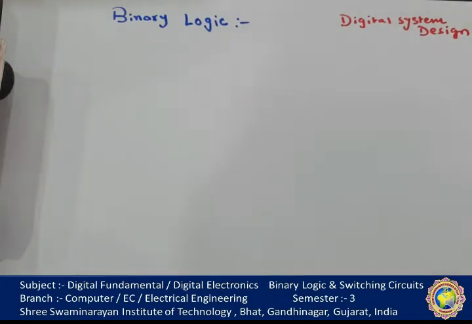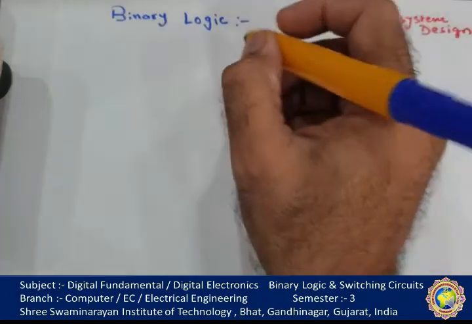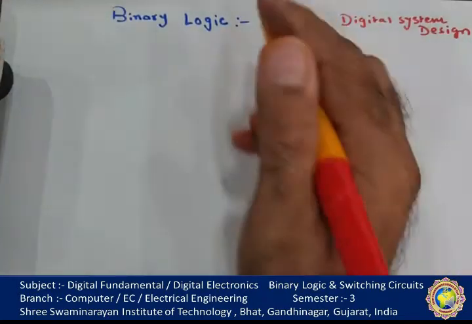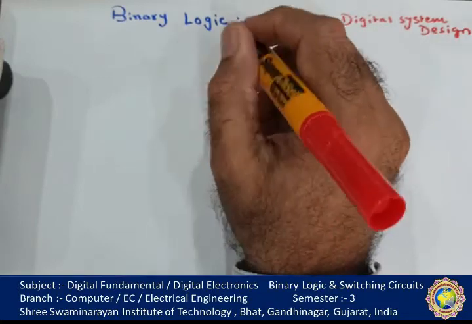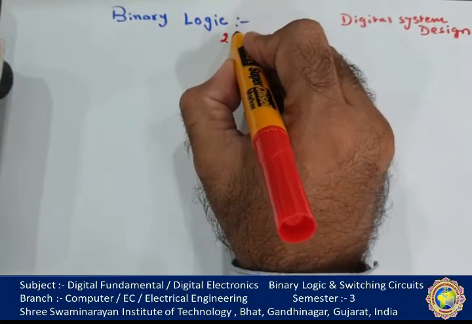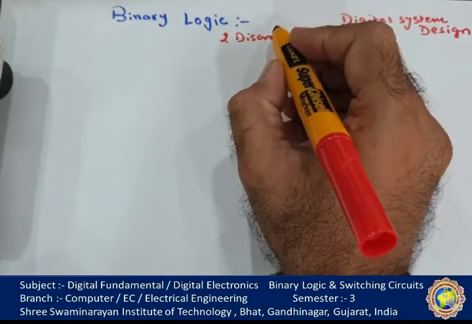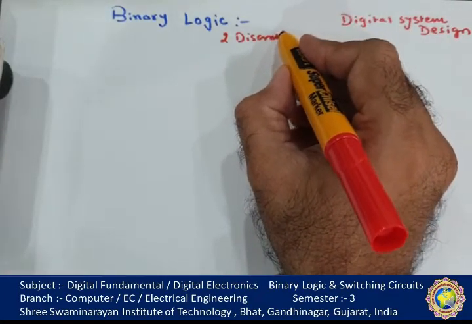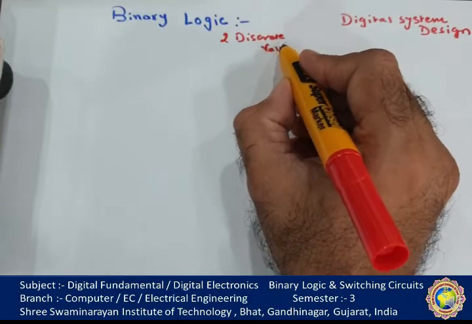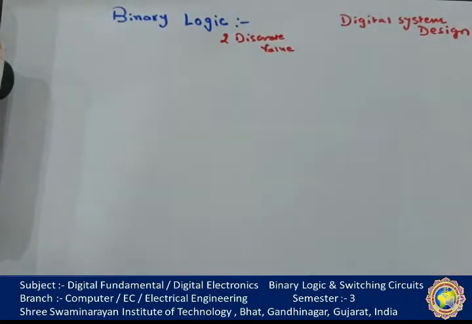Remember that binary logic always deals with two discrete values. It is always a possibility of two discrete values.